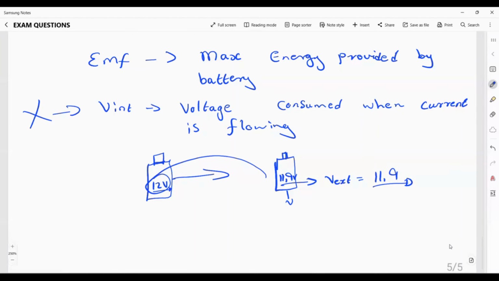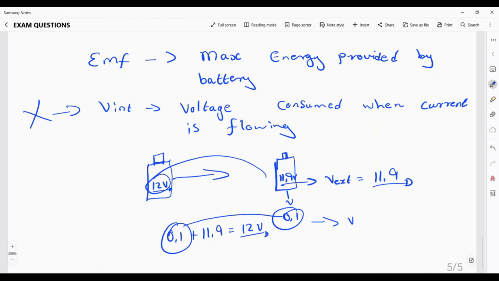We find that it took 0.1, because if I add 0.1 plus 11.9, I get 12 volts, which means this 0.1 is my V internal, the voltage inside the battery.